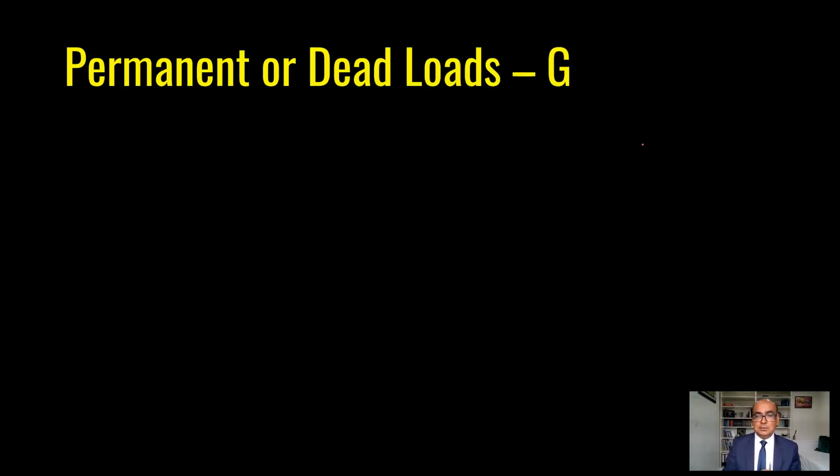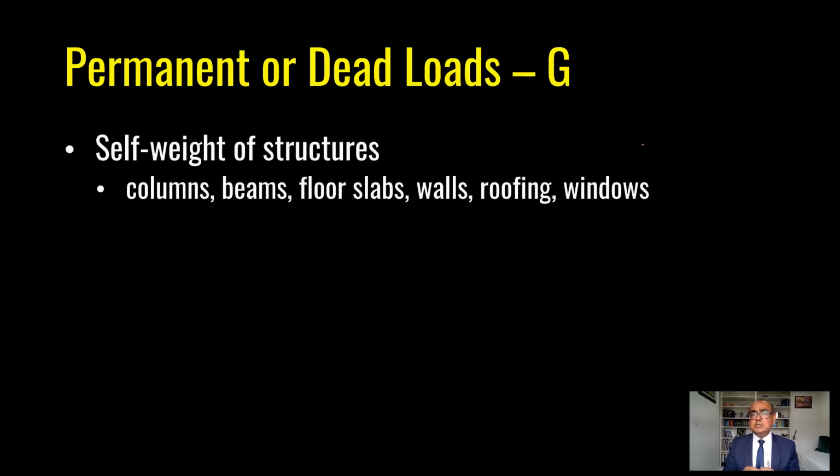First, permanent or dead loads. These include self-weight of a structure: beams, columns, floor slabs, walls, roofing, windows, all will have self-weight. We have to ensure that the building, or any car or any other system, at least stands on its feet.